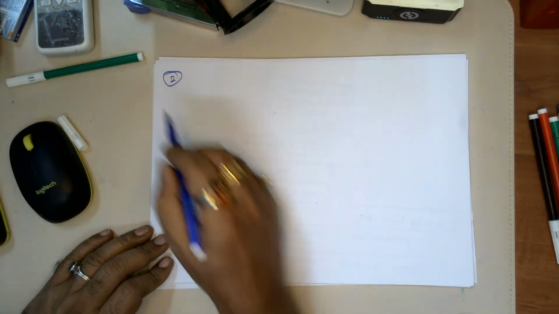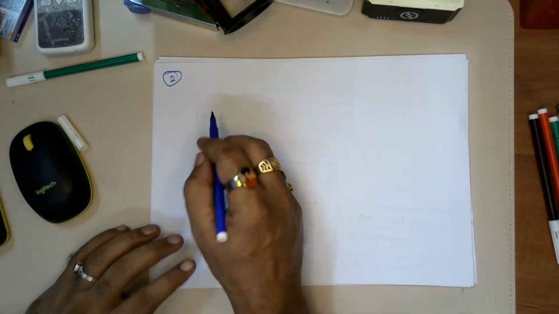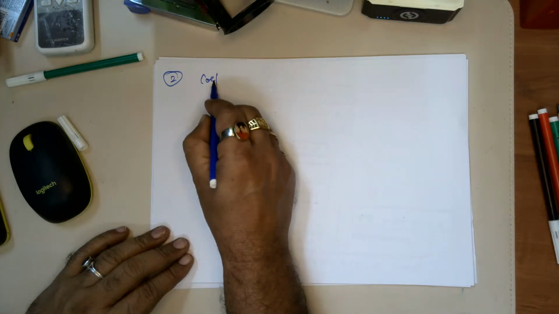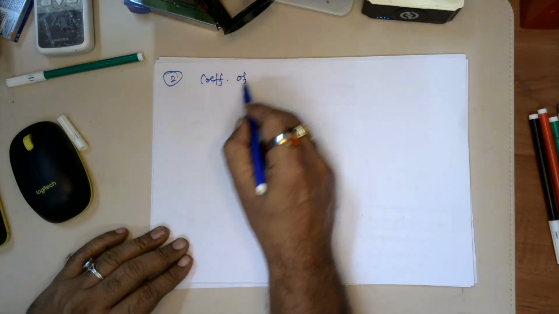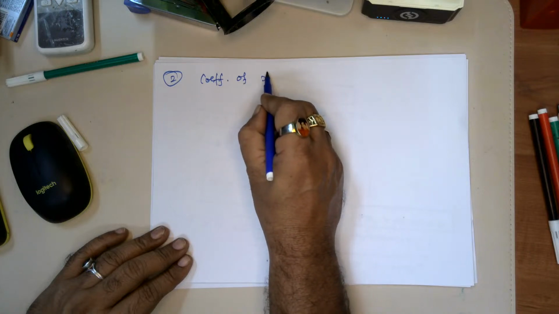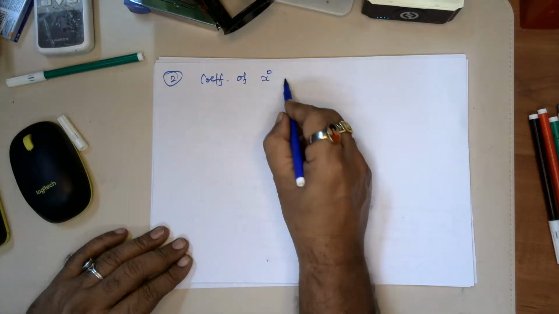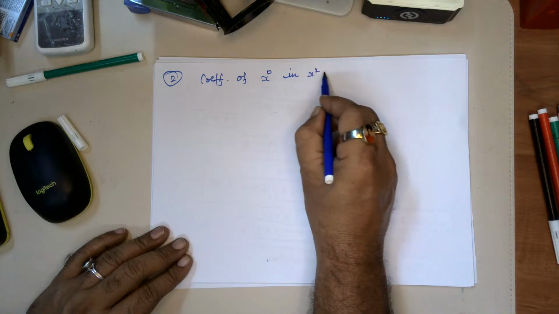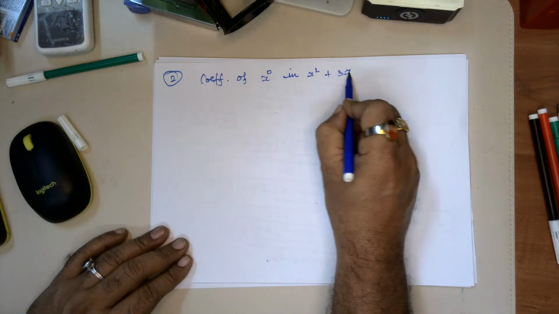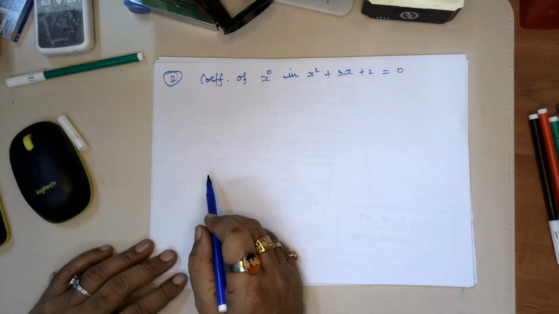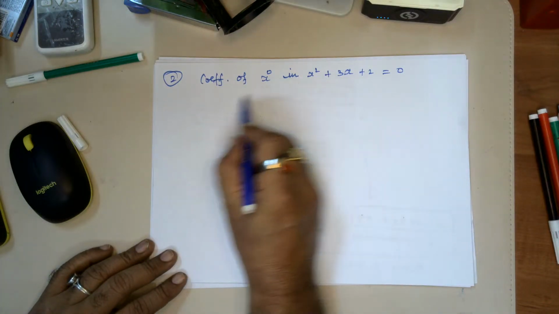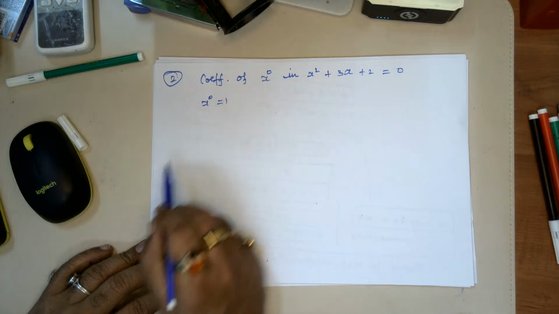Now let us go for another sum. Find the coefficient of x power 0 in x squared plus 3x plus 2 is equal to 0. So it's very simple. See, x power 0 is equal to 1.